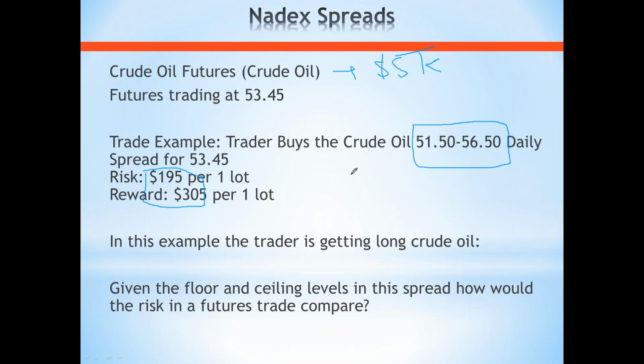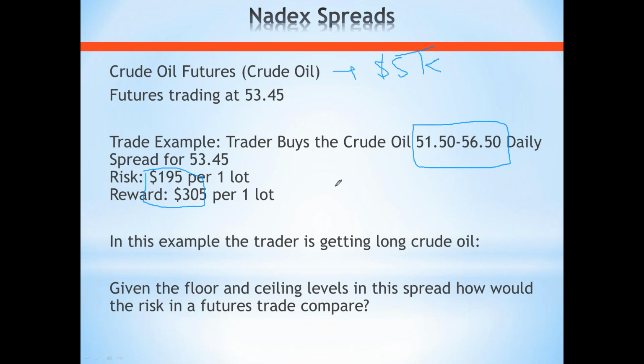My downside risk from 53.45 is 1.95 points. It's $195 per one lot. My upside potential is from 53.45 to 56.5. That gives me an upside reward potential of $305 per one lot.